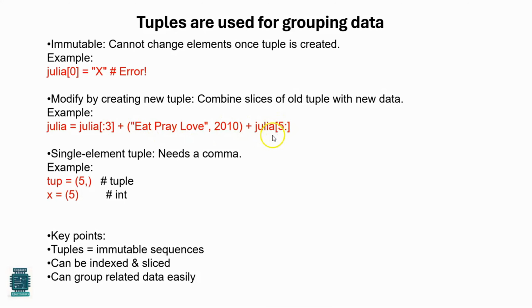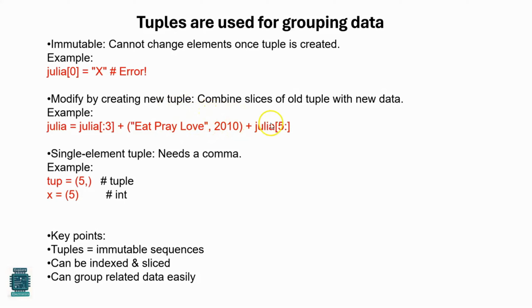From 5 it will start. Let us see. Here julia[:3] creates a slice of the original julia tuple from the beginning up to index 3, but not including index 3. Got it? Here ("Eat Pray Love", 2010) is creating the new tuple.